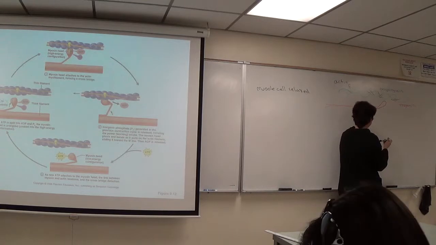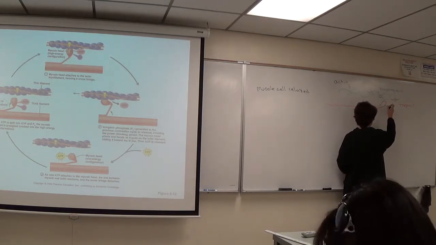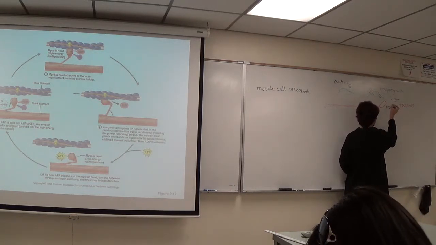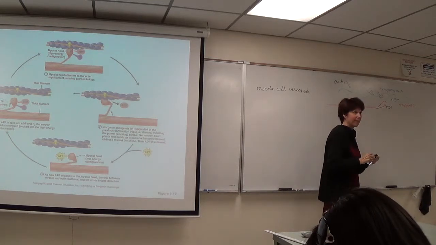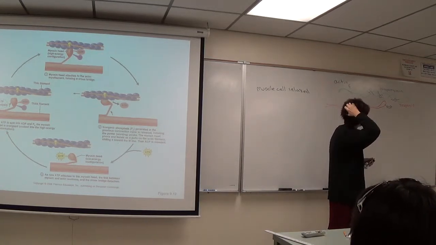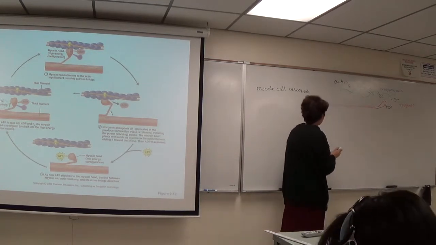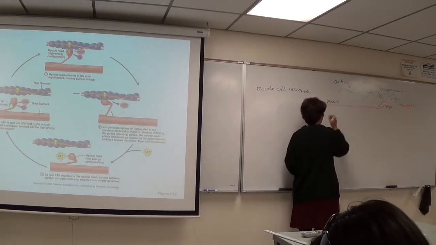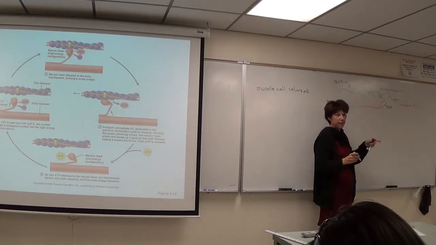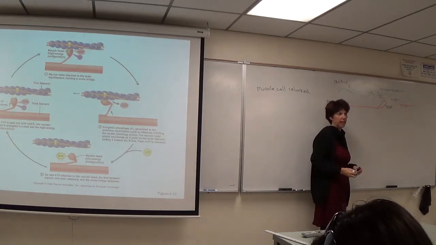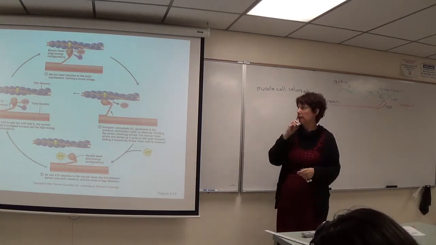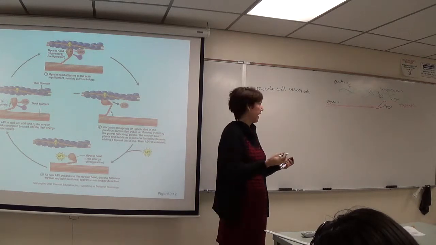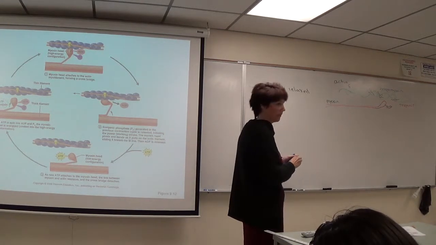So it has already broken down ATP, and the ATP is in the ADP form. Now I'm just going to draw one myosin filament rather than the multiple ones with thousands of heads, just to make it a little easier to see.